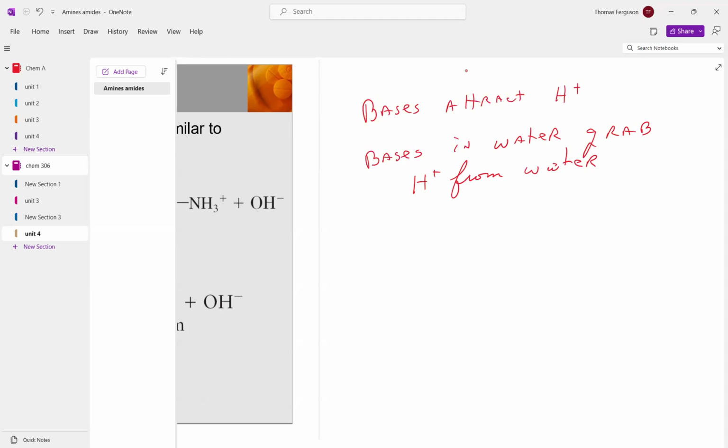So the bases will grab one of the H's off the water, and that yields a hydroxide ion. So when you take ammonia for cleaning grease, the ammonia is not what cleans the grease. It's when it's mixed with water, it forms a hydroxide ion, and that's what saponifies the triglyceride grease. That's why ammonia works for greasy stuff.